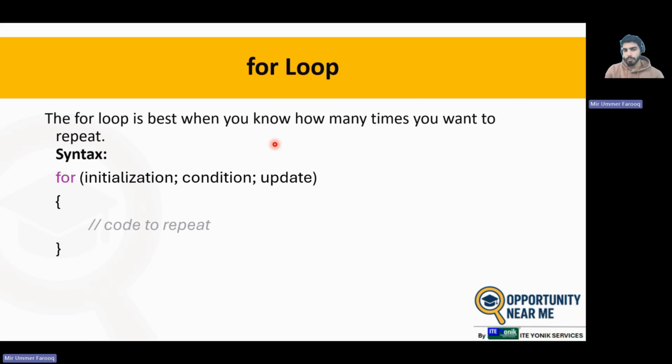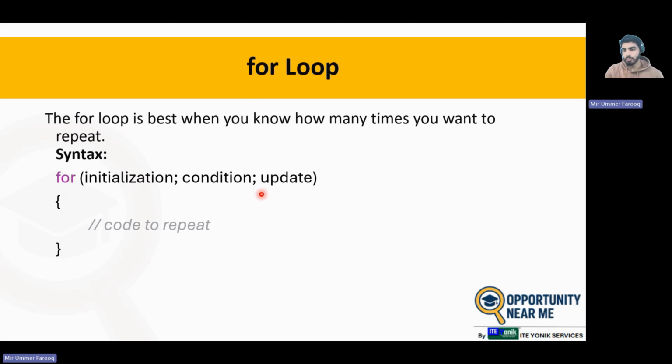multiple times. And the syntax for it is, we first have to use the for keyword, then there will be initialization in our particular loop. Then we will have some condition. Obviously the loop should stop at some time, so for that we give a condition. If this condition is met, the loop will stop.